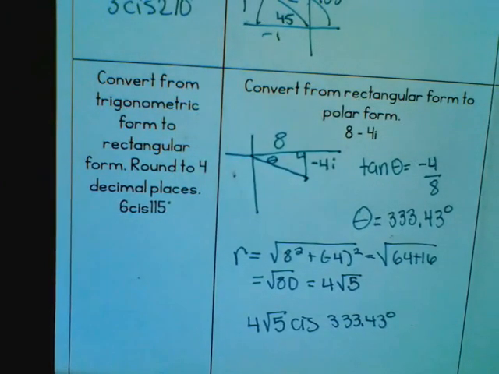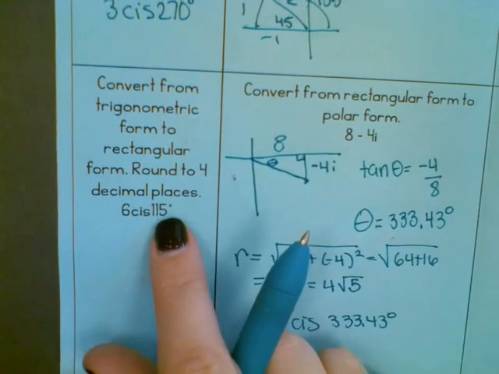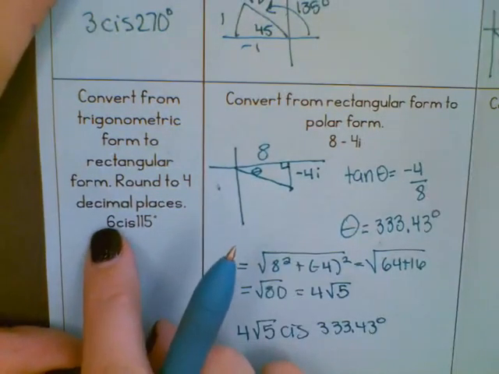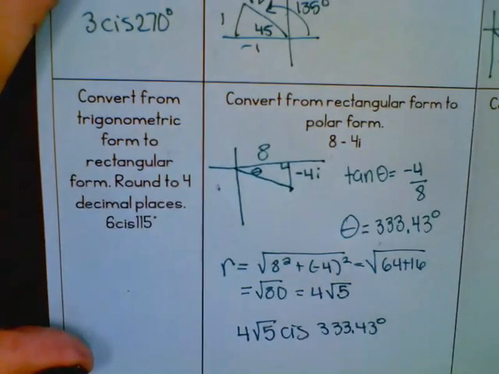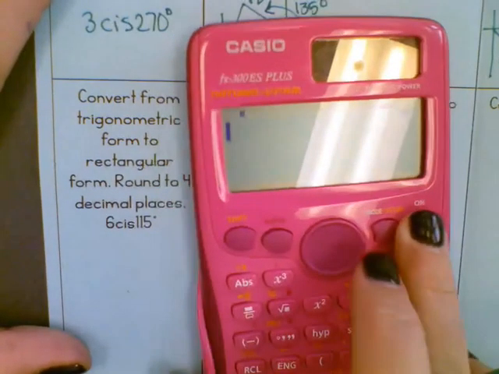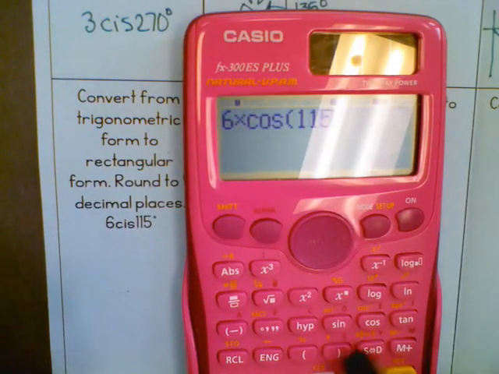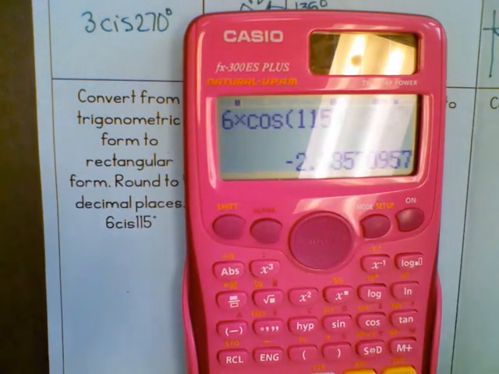Okay, so the last one that we have is the same way as the ones we just did, except 115 is not our perfect angle. So you know you're going to end up multiplying 6 times the cosine plus 6 times the sine. So what I do is I just type it all straight into my calculator. So 6 times the cosine of 115, we get our decimal.